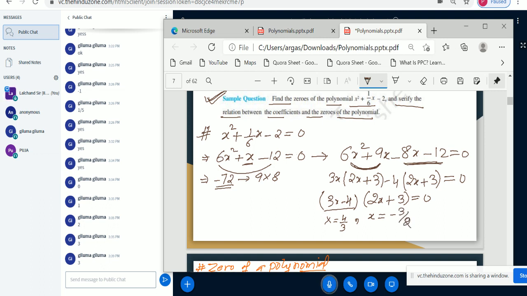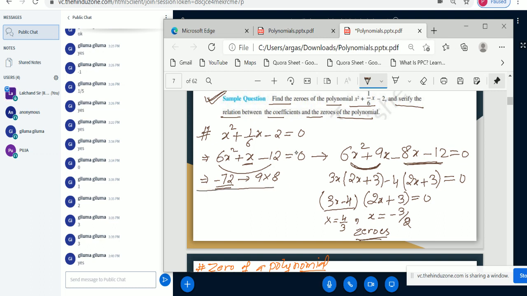Isn't it? Are you able to factorize the equation? Are you getting up to this? These two values are the zeros for the polynomial. Okay.